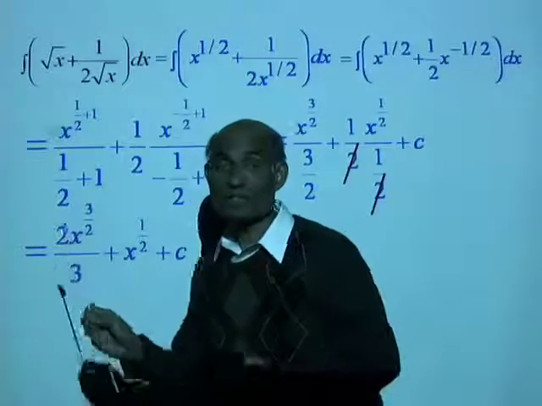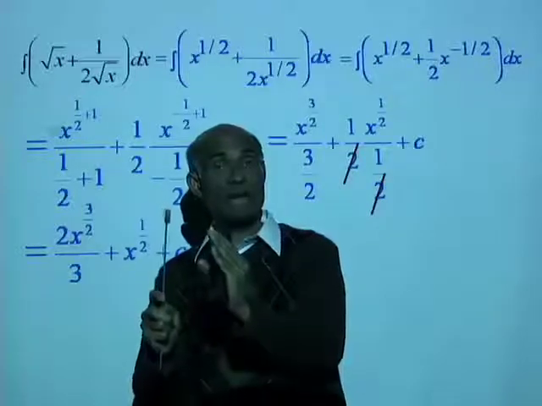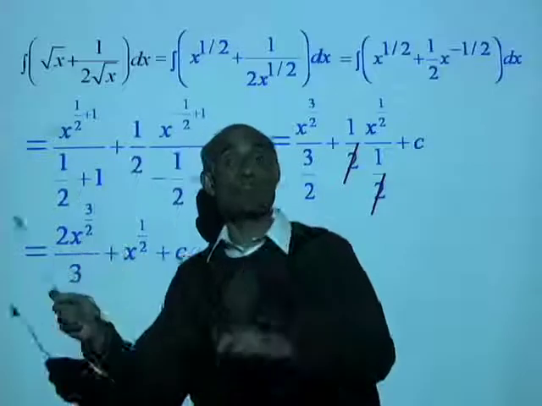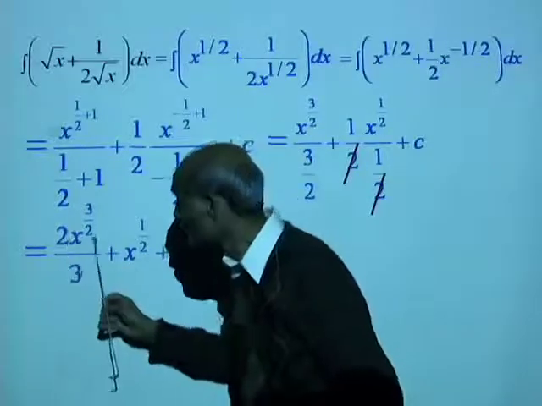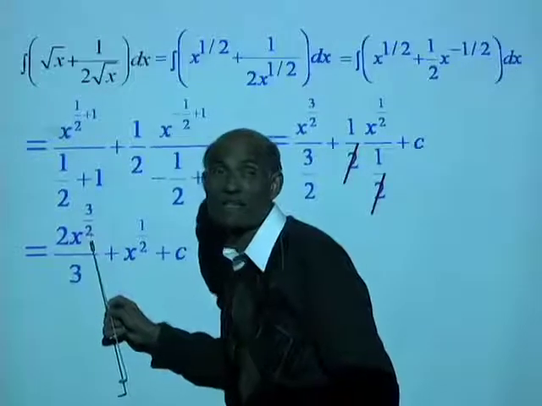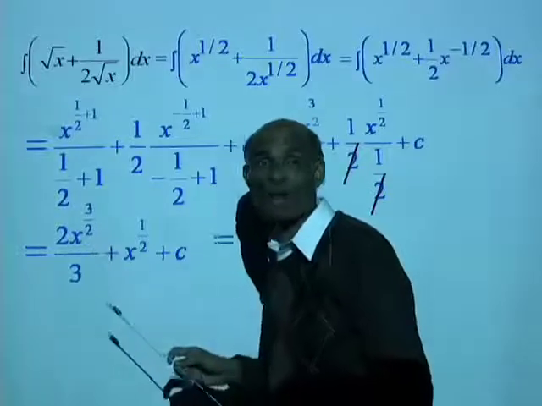Is that right? Because x to the power of 1 times x to the power of 1/2 is x to the power of 1 plus 1/2. So this is the same as x to the power of 1 times x to the power of 1/2. That means I have an x to the power of 1/2 common there.